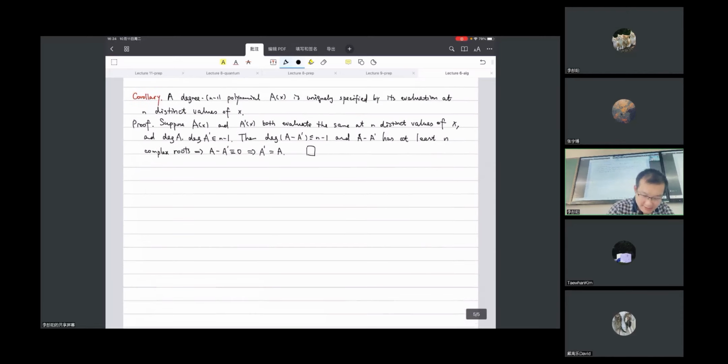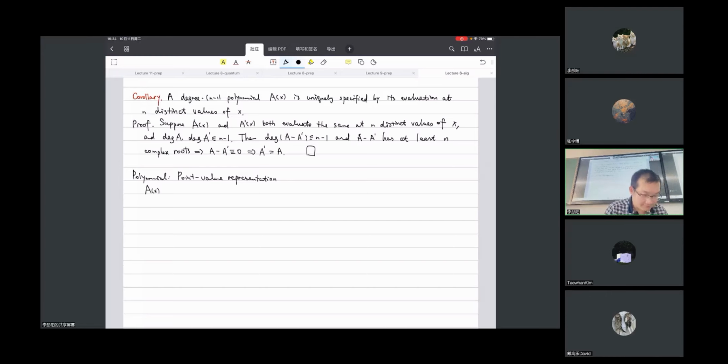So this is basically suggesting that we can consider such a point value representation of polynomials. What do I mean by that?